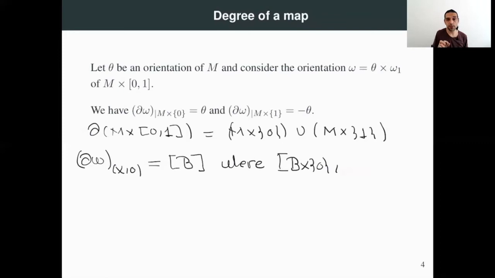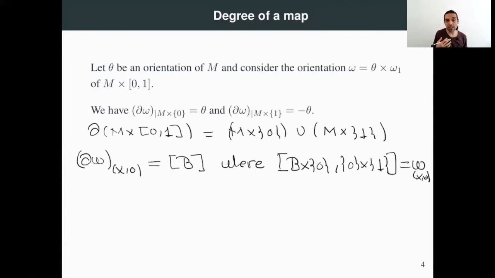But if we consider the closed interval 0, 1, an inward normal vector at 0 is a positive vector. So we have to consider this and this being equal to omega at the point x0.